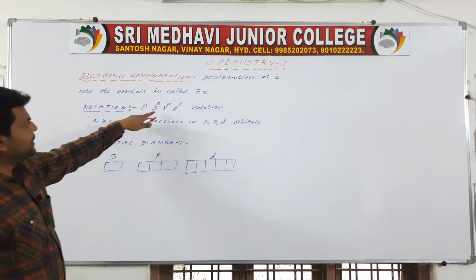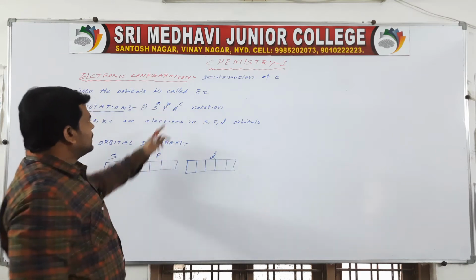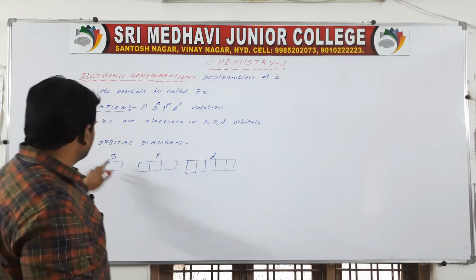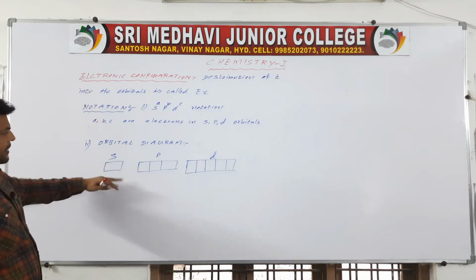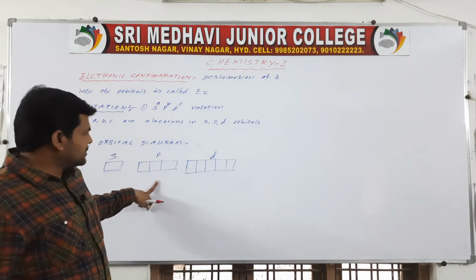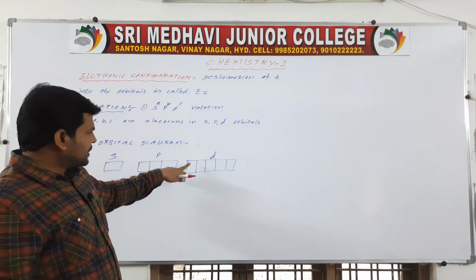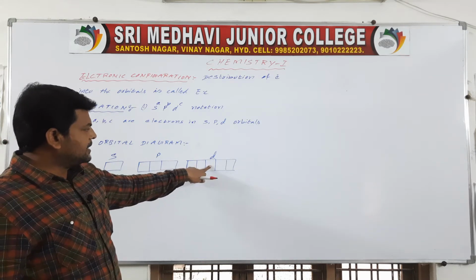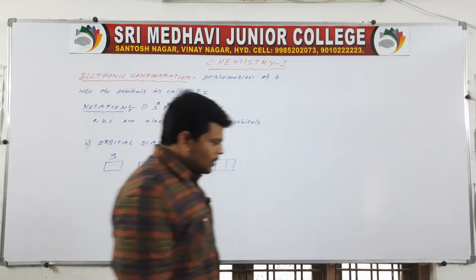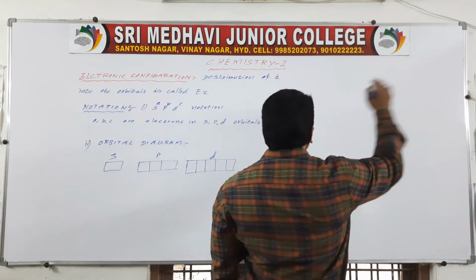The notation is s^a, p^b and d^c, where a, b, c are electrons in s, p, d orbitals. Orbital diagram means the s subshell has one orbital, the p subshell has 3 orbitals, px, py, pz, and the d subshell has 5 orbitals, dxy, dyz, dzx, dx²-y², dz².